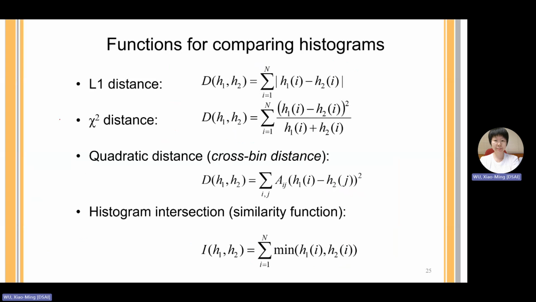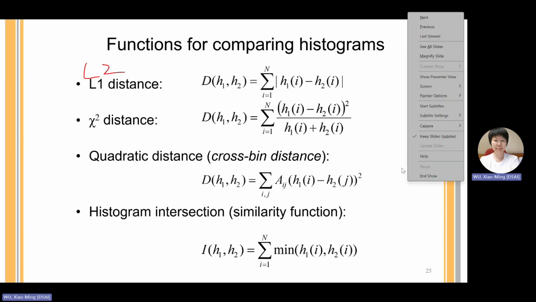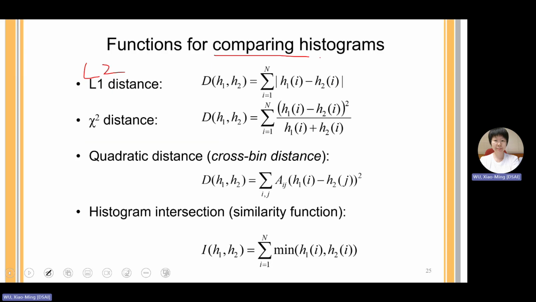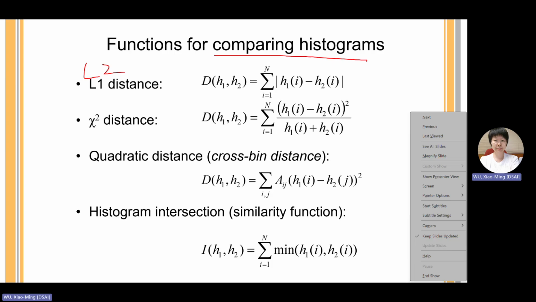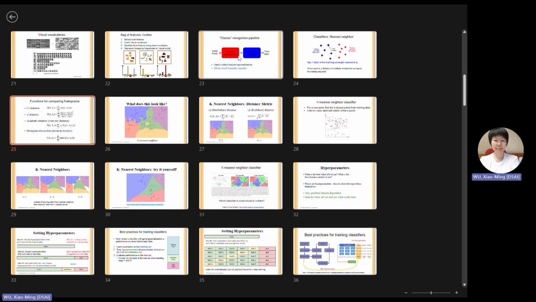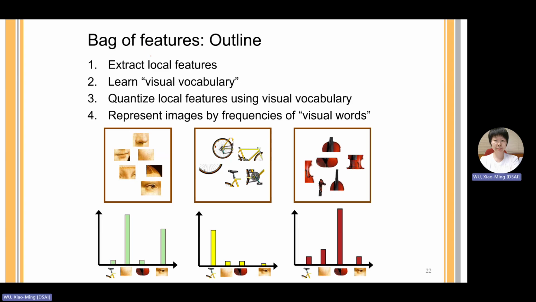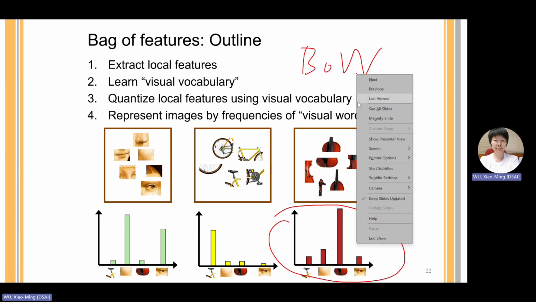Oh, this one is for histograms, sorry. That's for comparing histograms, for the visual bag of words feature, because you represent each image using histograms.